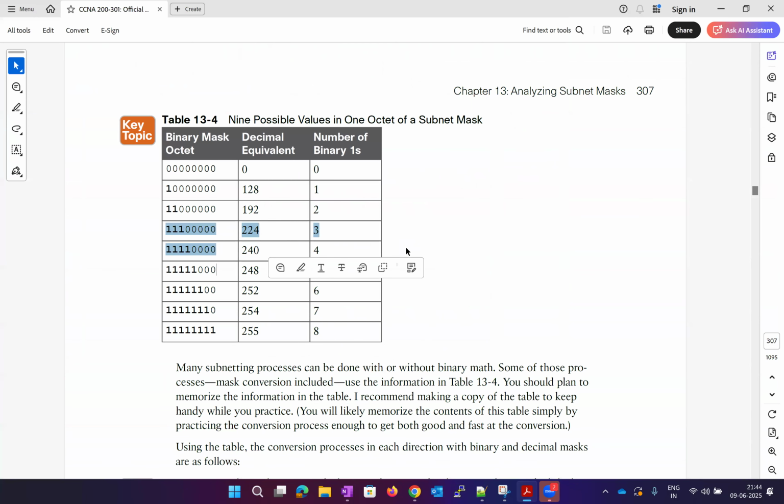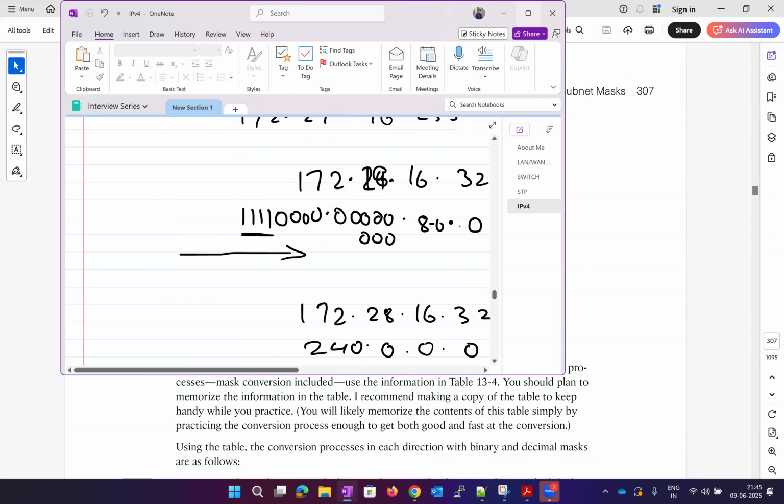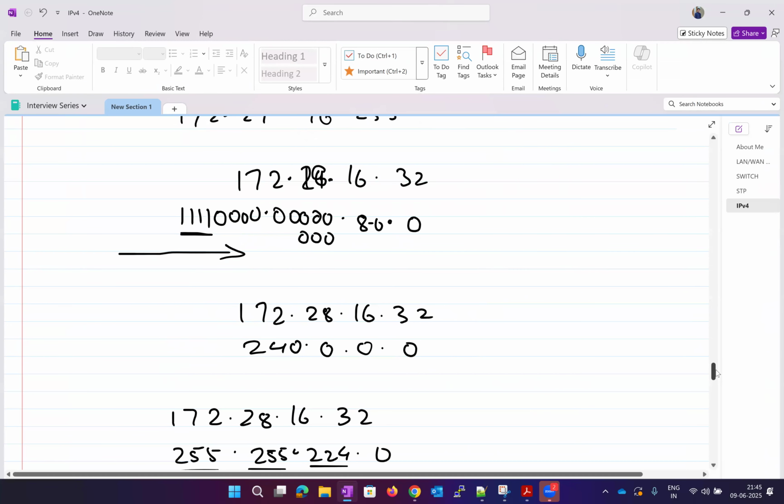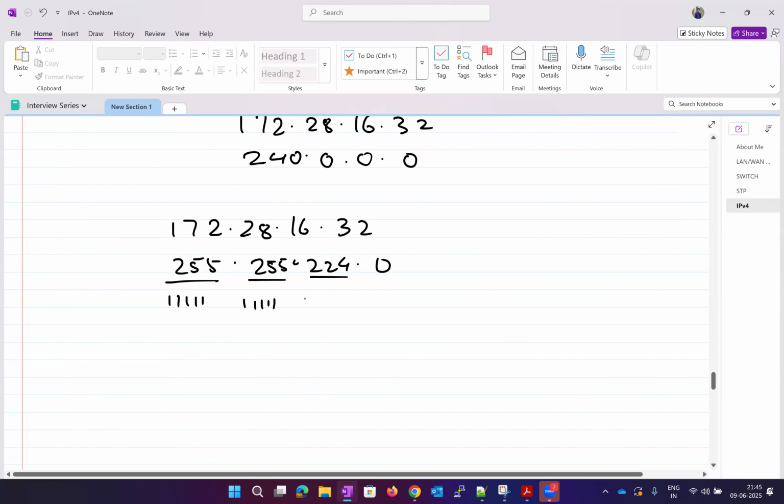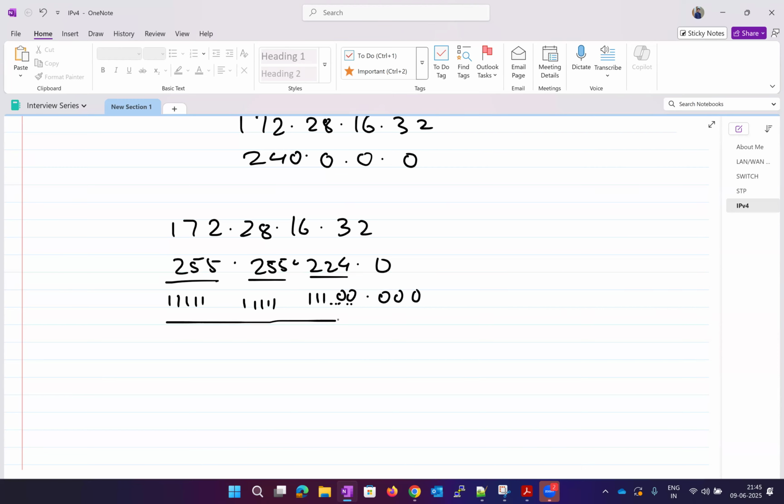there are 3 ones for 224. Okay, so you may see 3 ones over here, and the rest are zeros. Here also 0. Right. So what is happening here? Any networking device is only going to read the number of ones.